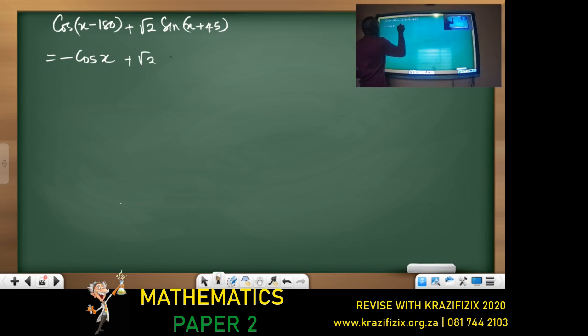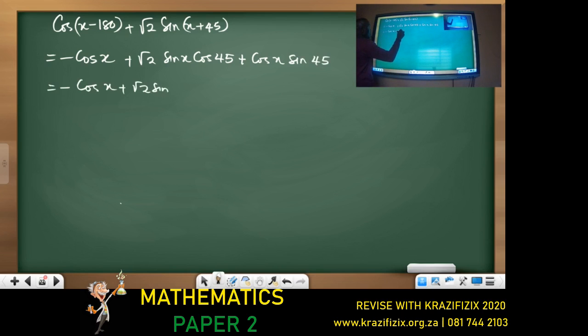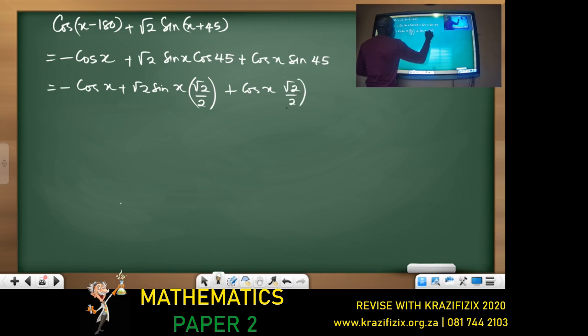We can expand this as sine x cos 45, I'm sure you know this, plus cos x sine 45. I've got some special angles here. Now, negative cos x plus root 2 sine x, this can be written as root 2 over 2 plus cos x, again root 2 over 2. What then do we have?